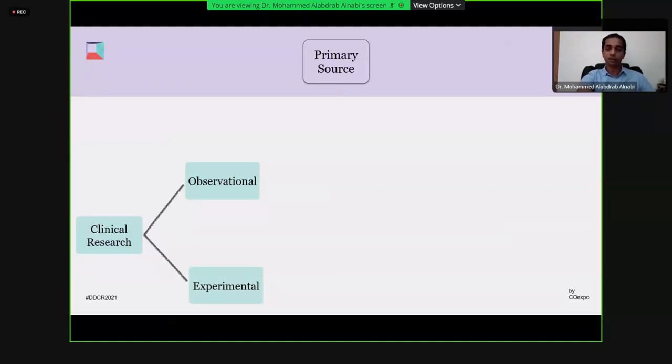And for primary sources, otherwise known as clinical research, we divide them into either observational, where you do nothing, you just collect data on people, or experimental, where you actually do stuff to people. You give them drugs, you do some diagnostic modality, you try some new machine or new ventilator, for example, in critical care.